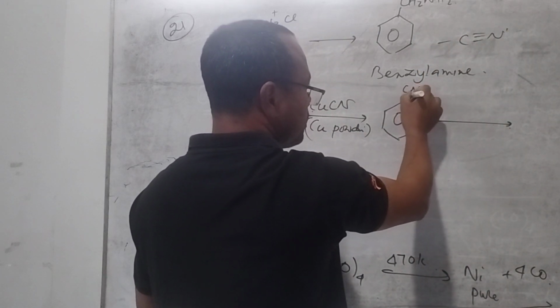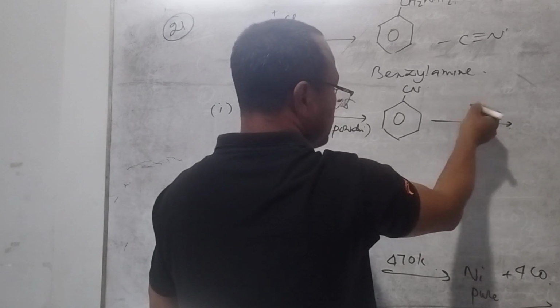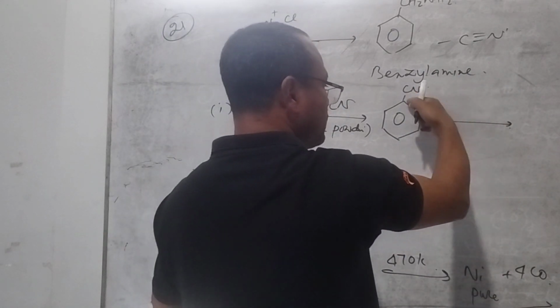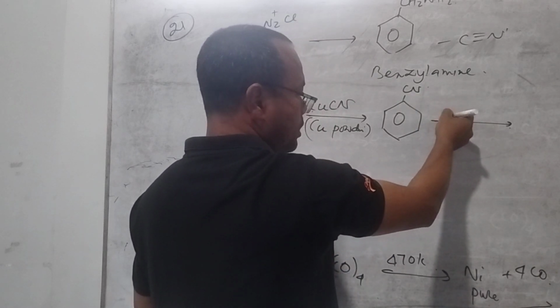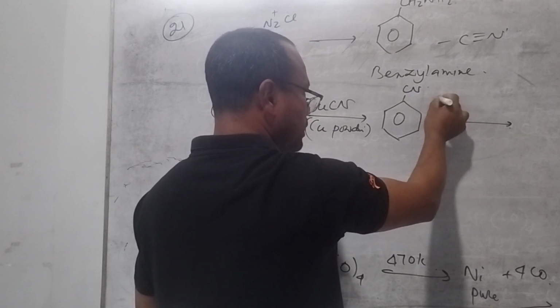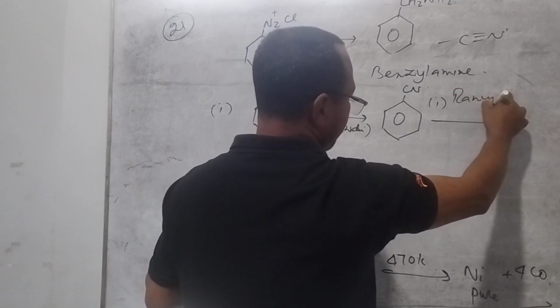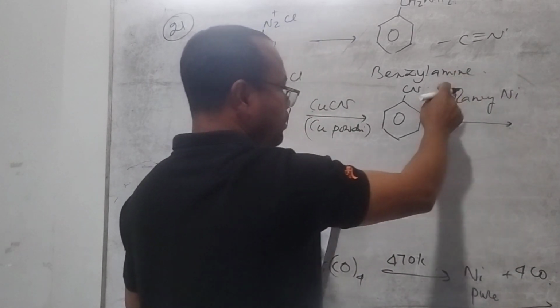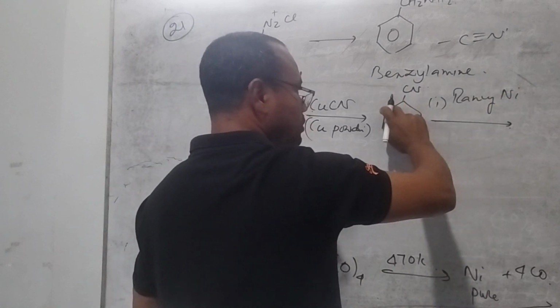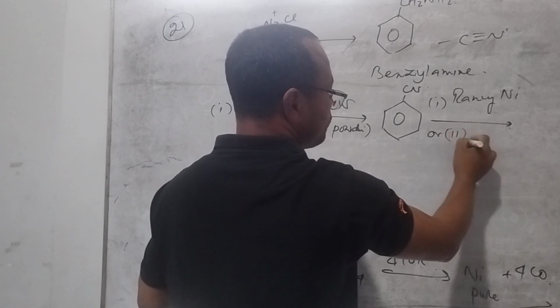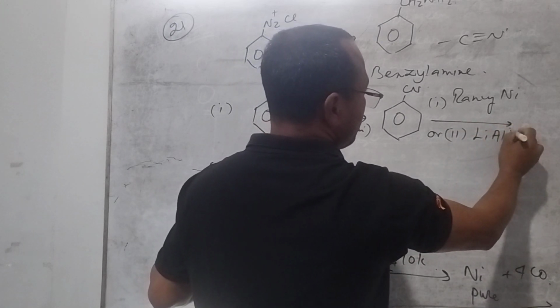Here this C triple bond N undergoes reduction, meaning addition of hydrogen. In order to add the hydrogen, we require a reducing agent. What are the reducing agents? I write here some reducing agents. Raney nickel is one of the very important reducing agents, or you can write a common reducing agent, lithium aluminum hydride.